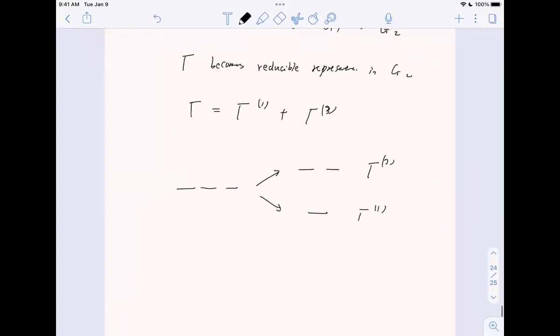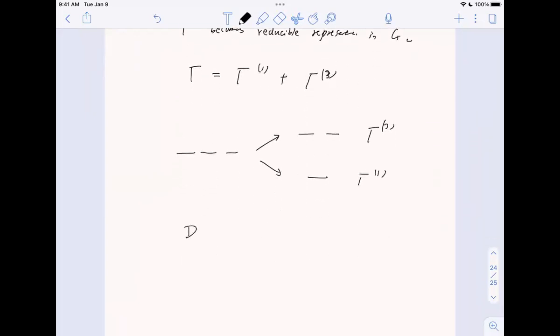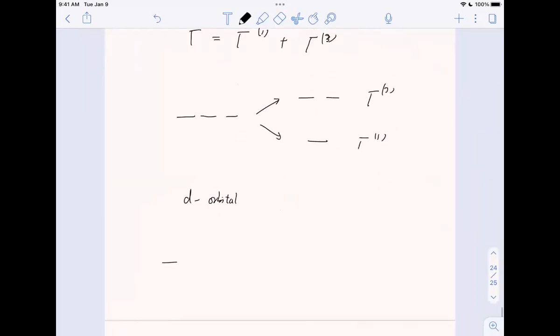Okay, so in our previous case, for example, the d orbital is in a full rotational symmetry, it is degenerate, because the d orbital has the irreducible representation in the full rotational group. So it has fivefold degeneracy.